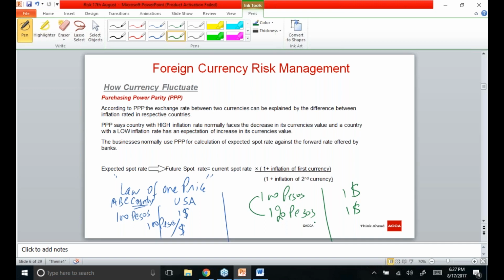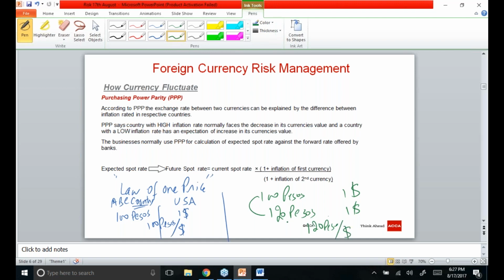The exchange rate will be set like that. The exchange rate will absorb this pressure of prices. The exchange rate will change like that.